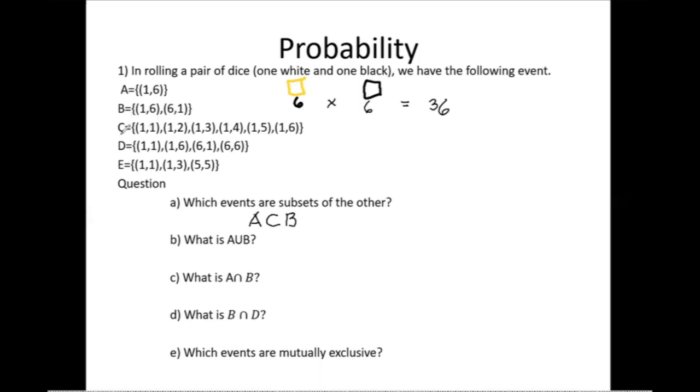B and D. B is subset of D. Diba? Kasi yung elements ng B, makikita rin natin sa D. Pwede rin ang A, subset ng D. Ayan o.